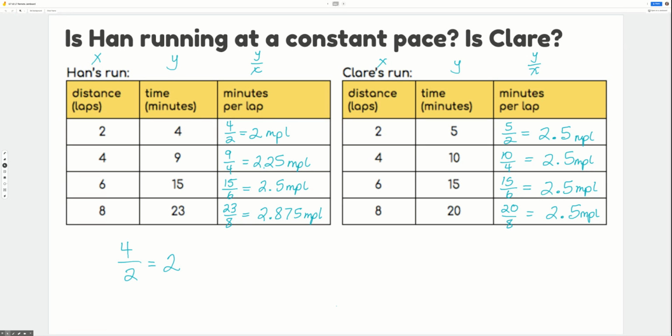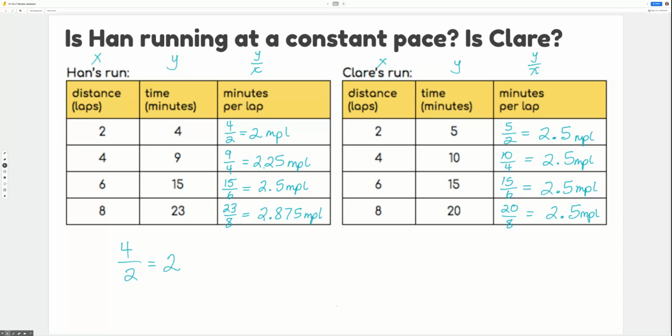And number 2 here, and I'm just going to write it at the bottom, it says, write an equation for the relationship between distance and time for anyone who's running at a constant pace. So distance and time.